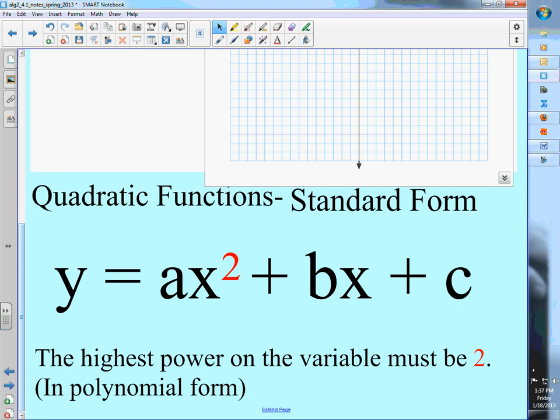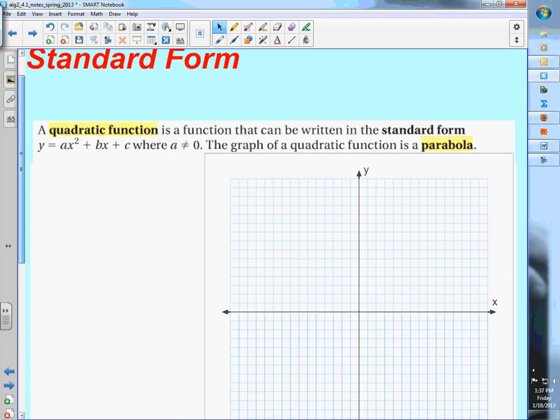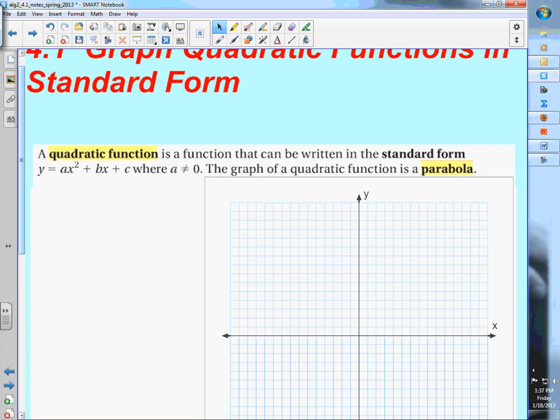And every time you graph a quadratic, what are you going to get? Every time you're going to get a parabola. So when you graph any quadratic function where a is not 0, you're going to get a graph that's parabolic shaped.